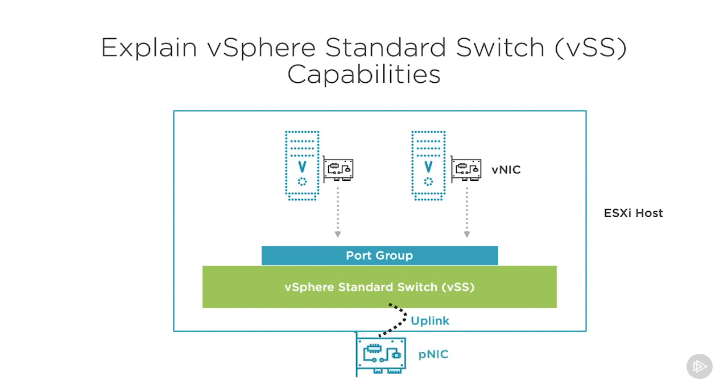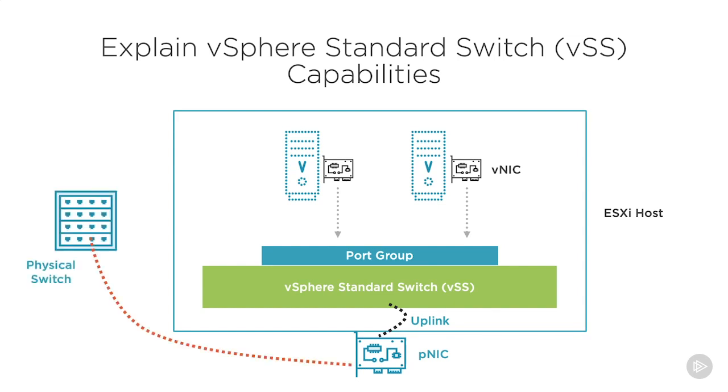That uplink connection would go to a PNIC or a physical network interface card on this physical ESXi host. That physical network interface card would then be connected to a physical switch, just like any other physical server in the data center. From there, the physical switch, of course, would be connected to the local area network, and then from there, perhaps to a router that goes out to the internet.